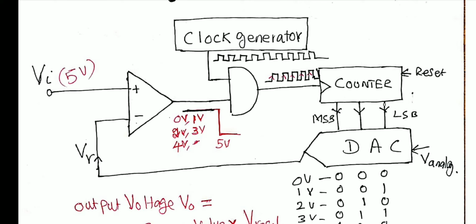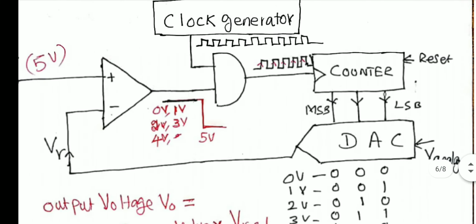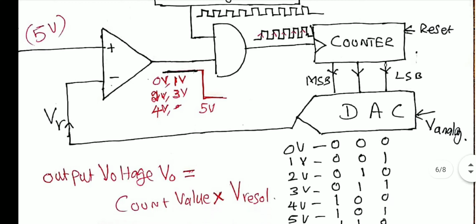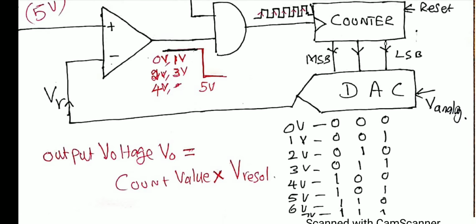Now let us take a numerical example to understand this digital ramp type voltmeter. Assume that we have a 3-bit counter, and also a 3-bit digital to analog converter, right? The digital to analog converter is connected with the reference voltage, and it gives 0 volt when the digital input is 0 0 0, 1 volt when the input is 0 0 1, and 2 volt when the input is 0 1 0, and so on.